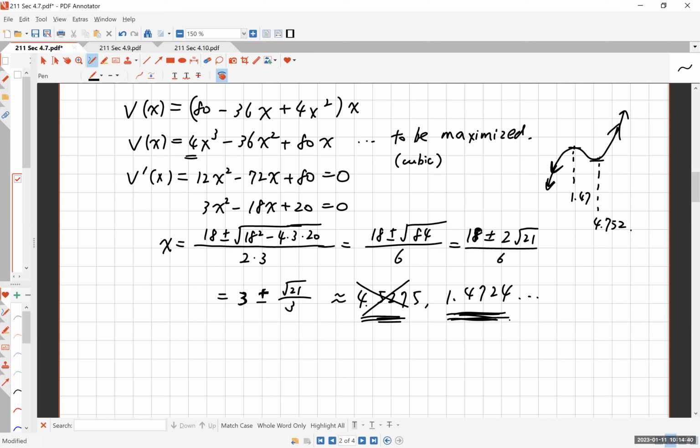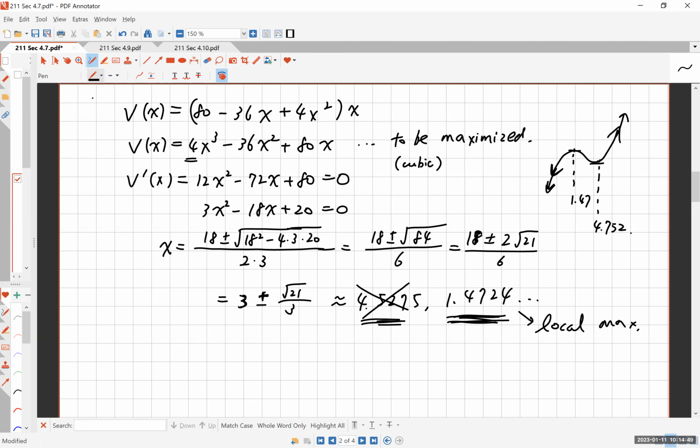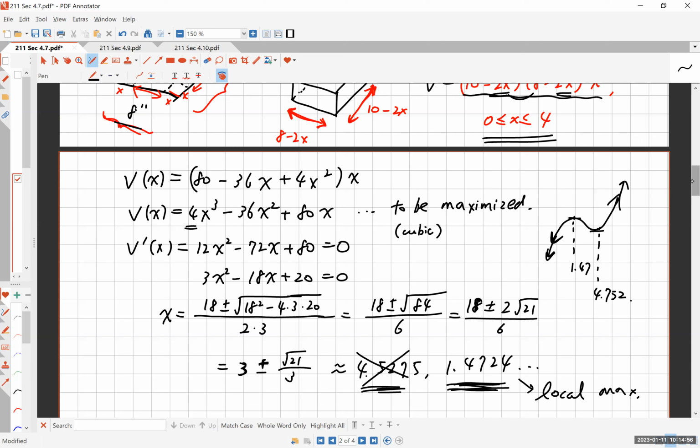And so the local max happens here. Now, of course, you can analyze this more carefully by using the first or the second derivative test. But I don't think it's necessary to do that because you already know the graph of this function looks like this. It's a third degree polynomial.